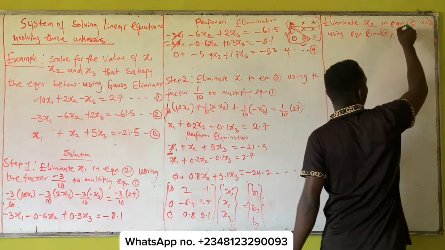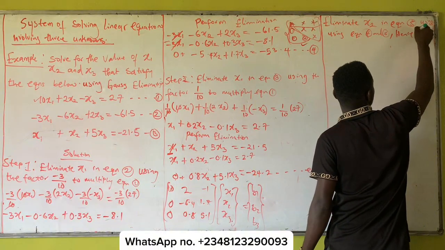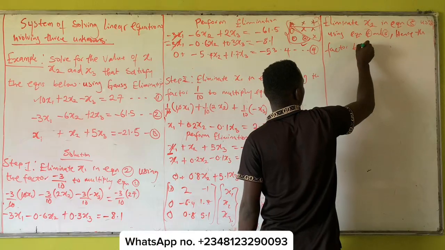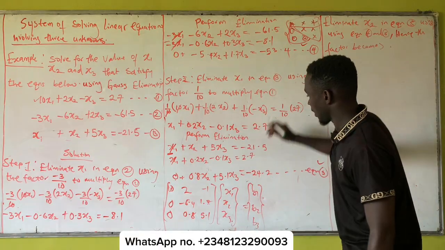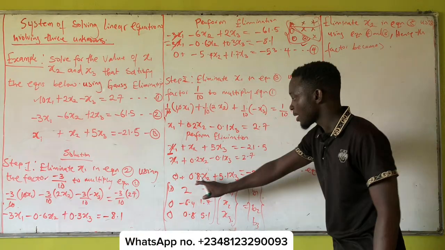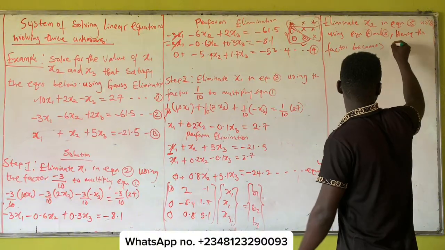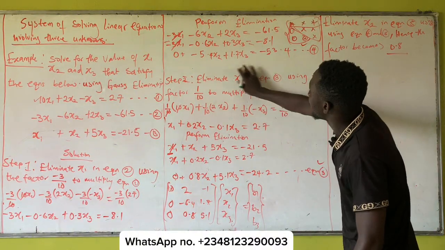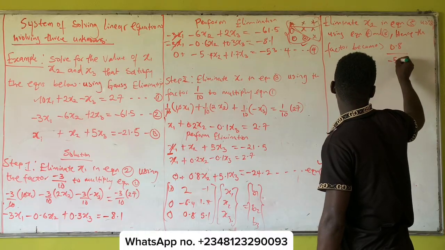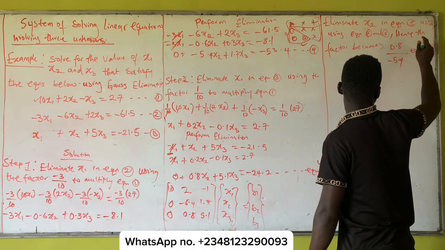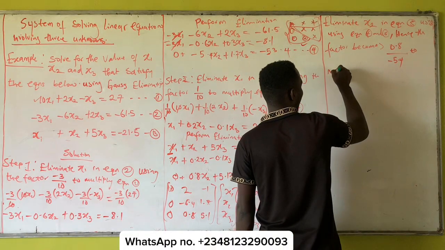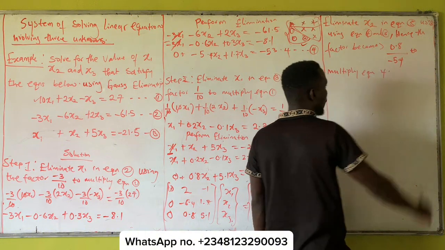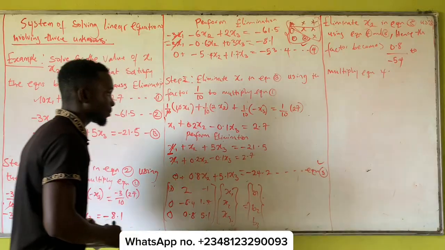So the factor that we'll be using now becomes: what is the coefficient of x2 in equation 5? It is 0.8. So it becomes 0.8 divided by the coefficient of x2 in equation 4, which is minus 5.4. I'm going to use it to multiply equation 4.